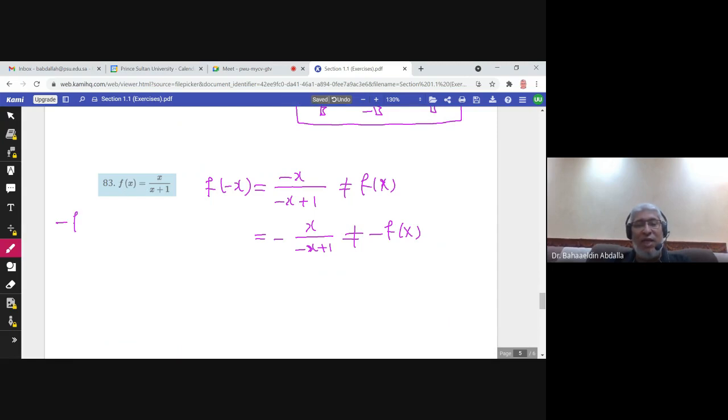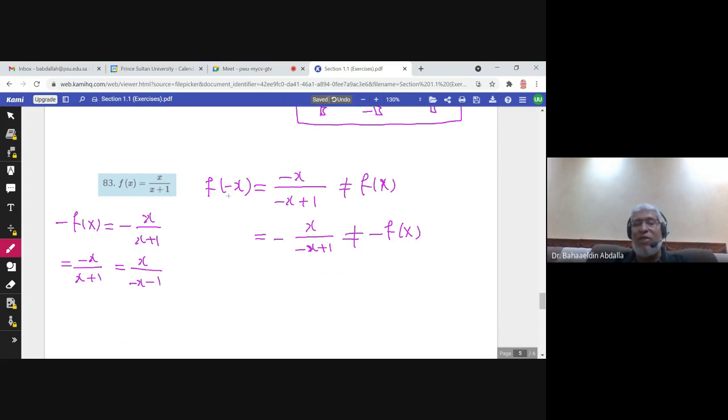So this is f of x. To find negative f of x, you multiply f of x by negative. So you write it here, or you take it up, or you multiply down. So negative f of x would be equal to this, or this, or this. And in all the three cases, it's not equal to this, because we have here negative x plus 1.